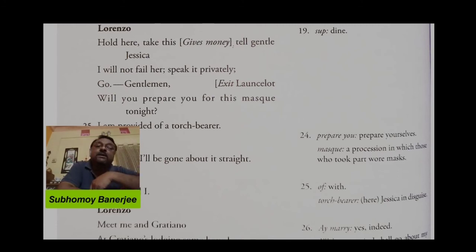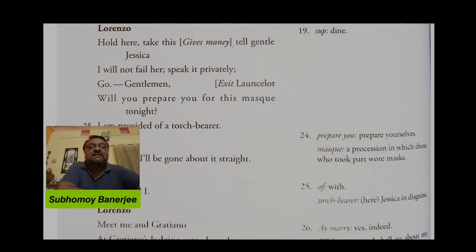He says, go and tell gentle Jessica that I will not fail her, meaning to say, I will keep the promise that I have made. Jessica must have written in that letter. So he says that I will not fail her. "Speak it privately." Tell her all this very secretly, not in front of anyone. "Go, gentlemen." He tells him to go. And then he says, gentlemen, addressing his friends once again.